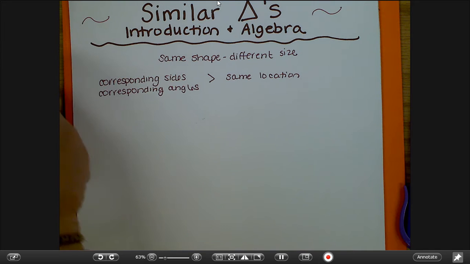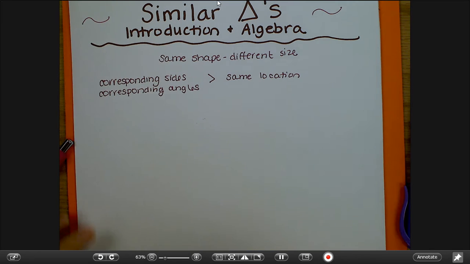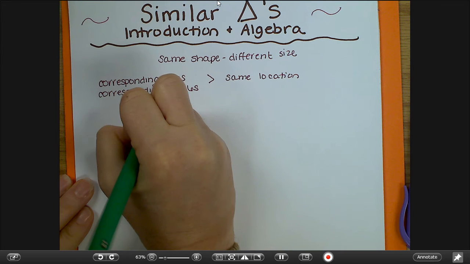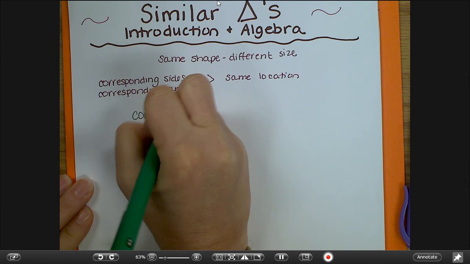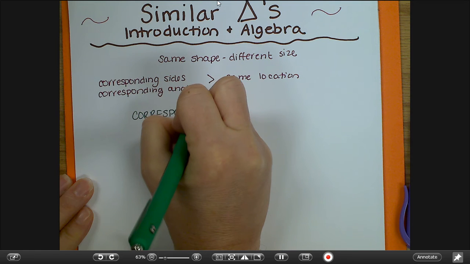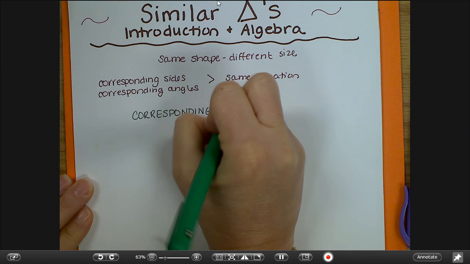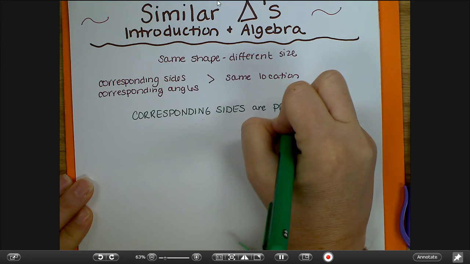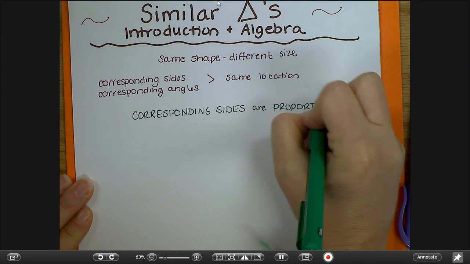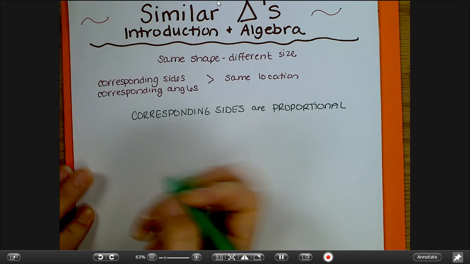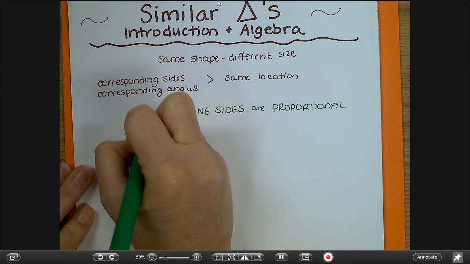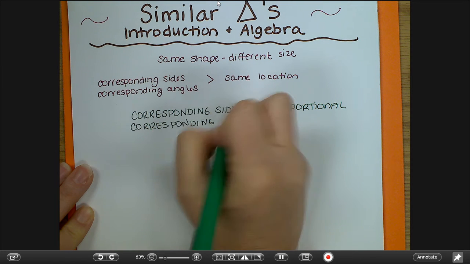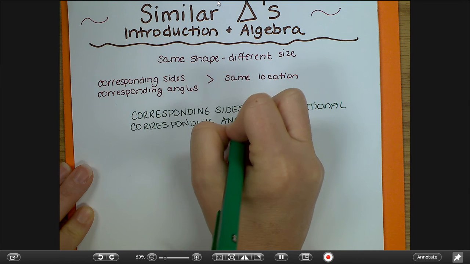All right, so the important part here is that when triangles are similar, their corresponding sides are proportional, and corresponding angles are congruent.